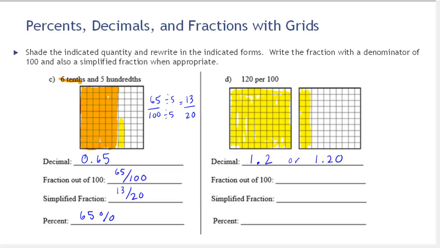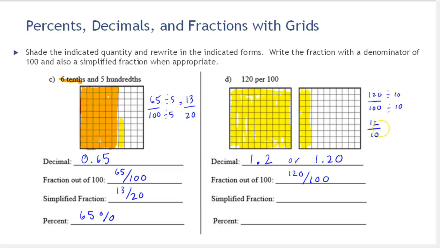As a fraction out of 100, we have 120 per 100, or 120 over 100. If we want to simplify this fraction, I'll do this in a few steps. So first, I see they're both divisible by 10 because they end in 0. So if we divide them both by 10, the numerator and denominator, we have 12 over 10.